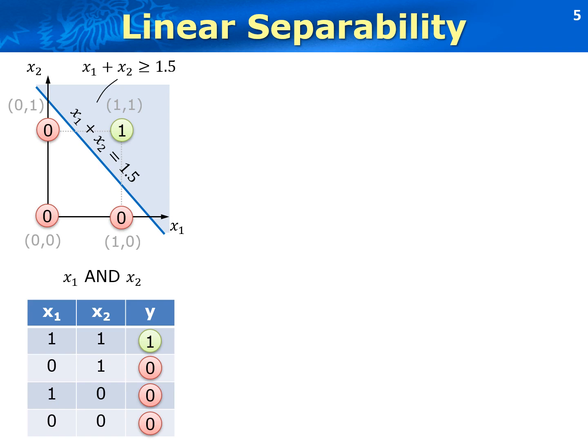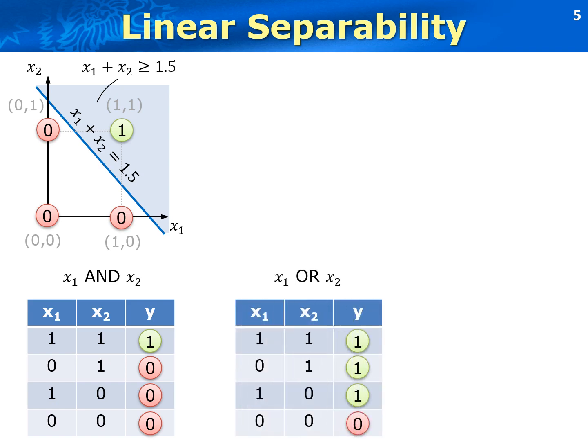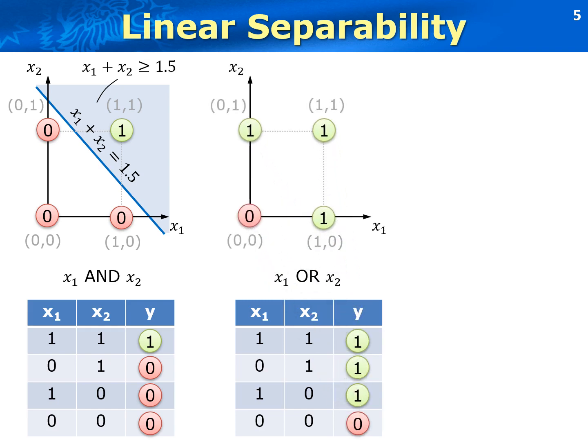Similarly, an OR gate is also linearly separable because we can separate its training data points using a line x1 plus x2 equals 0.5, such that 3 data points with green labels are in 1/2 blue space, and 1 red point is in the other half space. However, not all the logic gates are linearly separable.